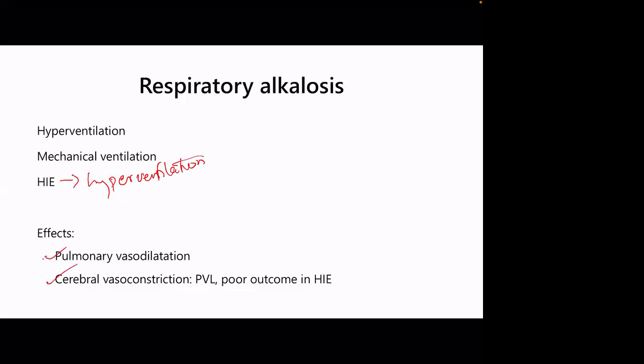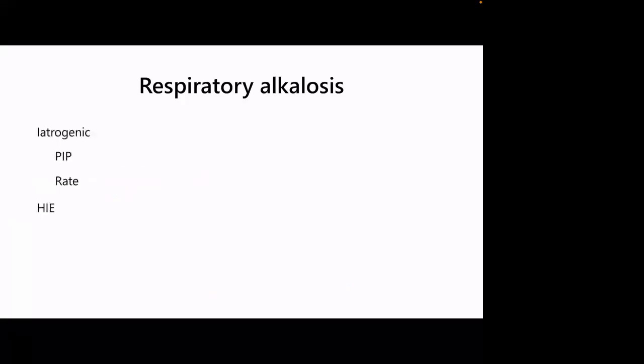The cerebral vasoconstriction has poor effects on neurological outcome. It can lead to PVL, especially in preterms, and poor outcome in HIE in term babies. So we have to prevent respiratory alkalosis for a good neurological outcome.